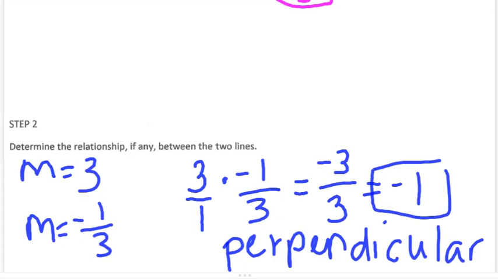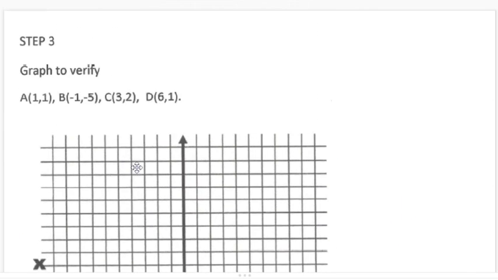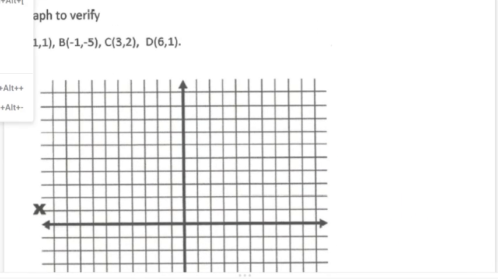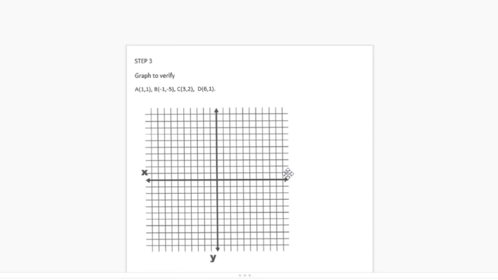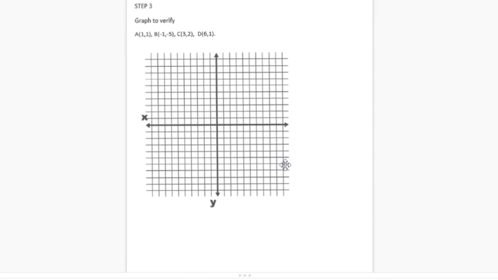Okay, so we're going to graph this relationship next just to show that these two lines are perpendicular. All right, so I have (1, 1), which is here, and (-1, -5).